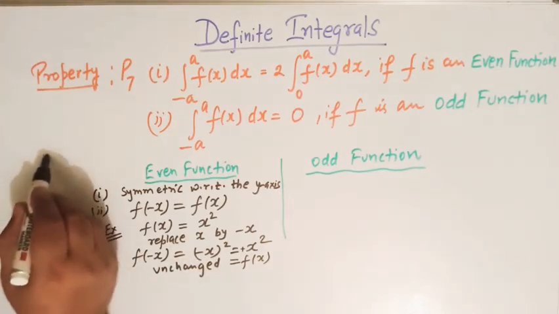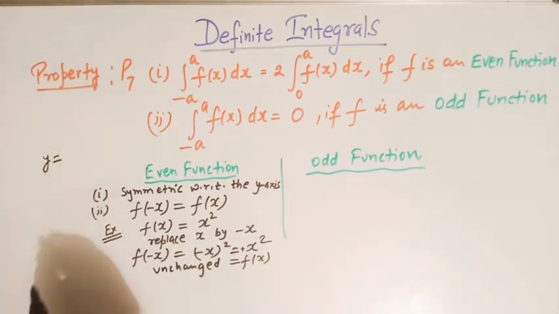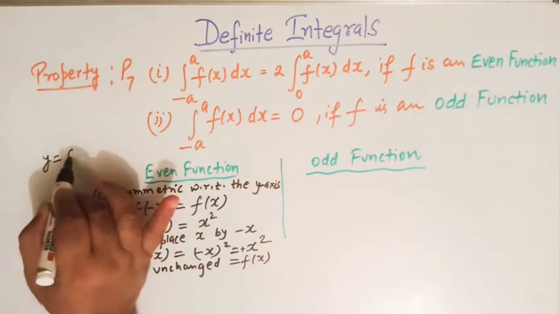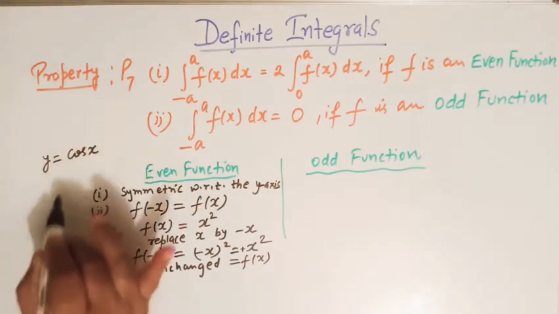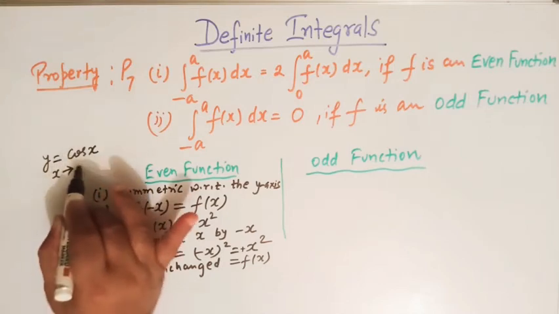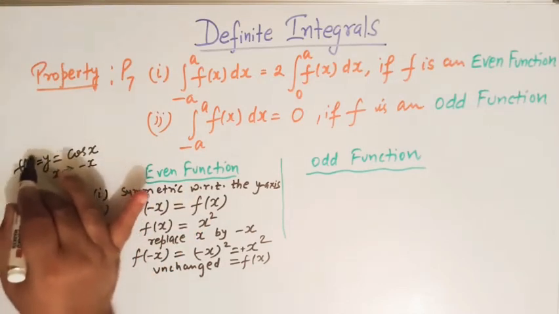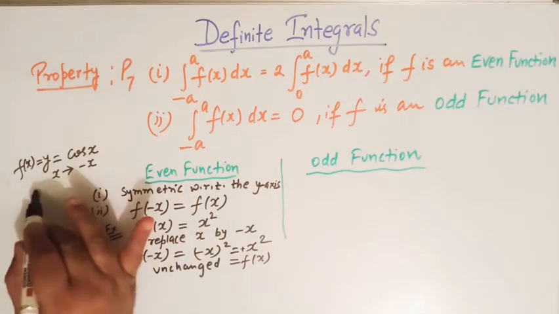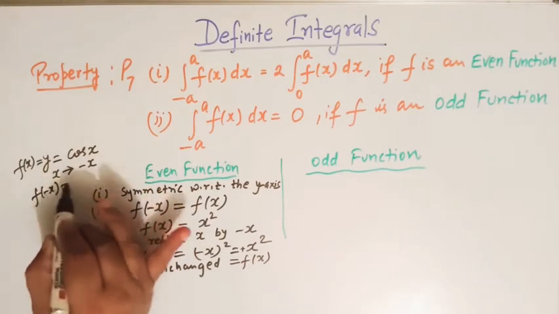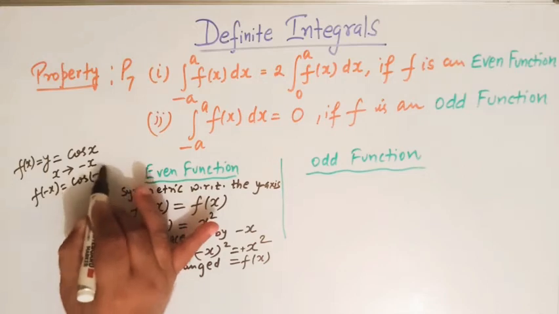Let me take one more example. Suppose we have a function, say y is equal to say cos x. Now if we replace x by minus x, this is f of x, then f of minus x becomes cos of minus x.